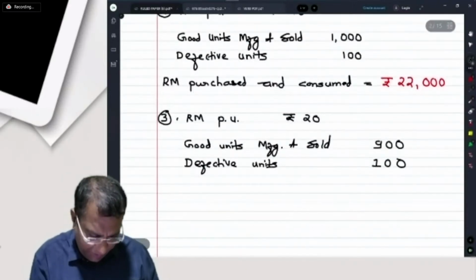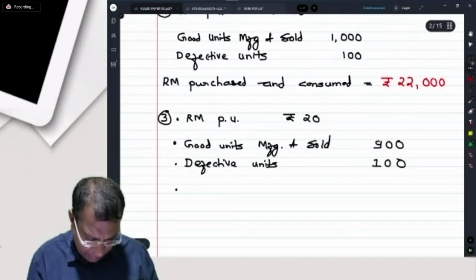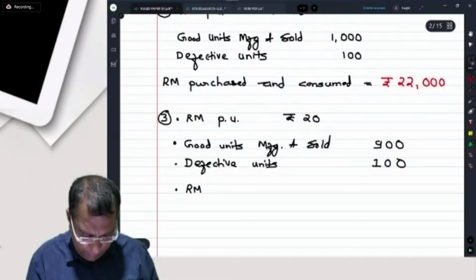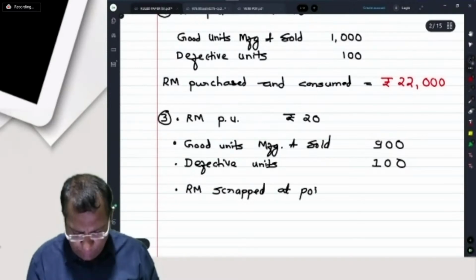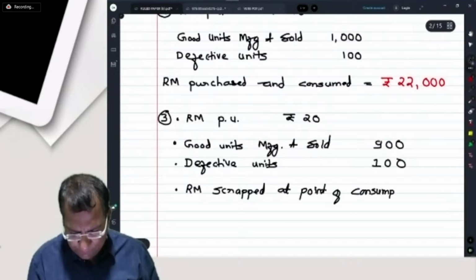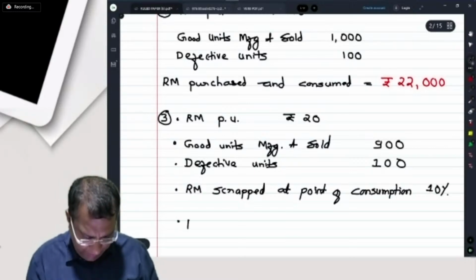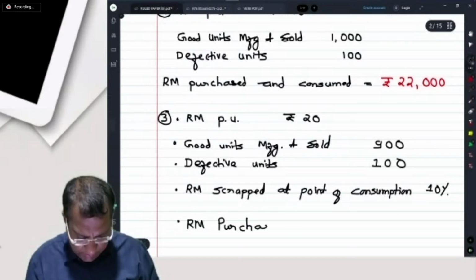And one additional point I am giving in this particular question: raw material scrapped at point of consumption is 10%. You have to tell me what is the amount of raw material that I have to purchase in this particular scenario.